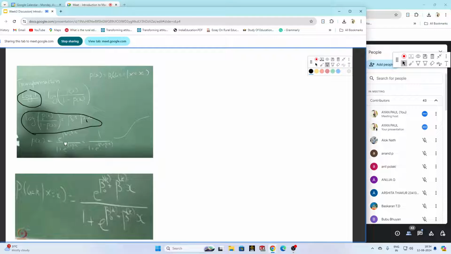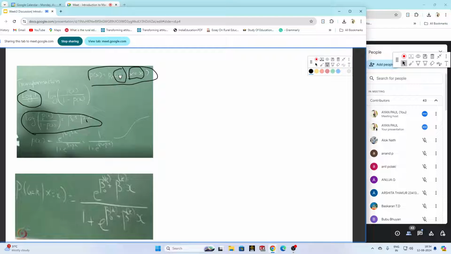If we divide by e to the power beta naught plus beta 1 x, we get 1 by 1 plus e to the power minus (beta naught plus beta 1 x). Now what is this p(x)? You can question it. p(x) is the probability of the point belonging to that group. G equals 1 means group 1.